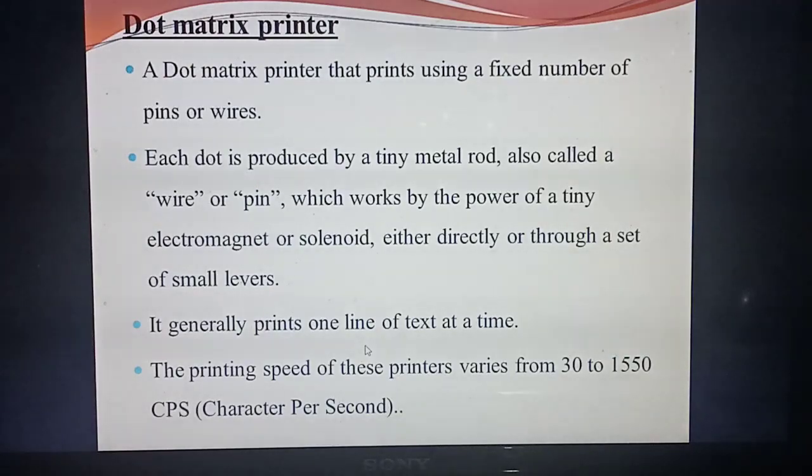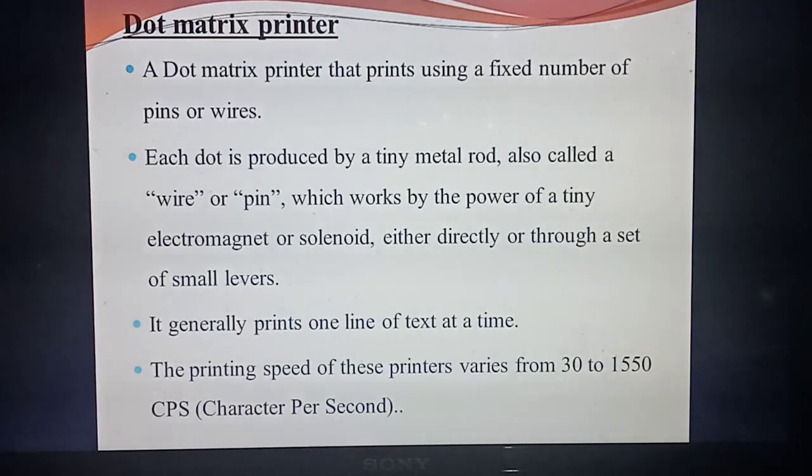What's the printing speed of this printer? 32 to 550 CPS. CPS means characters per second. Understood what you have studied about the dot matrix printer?